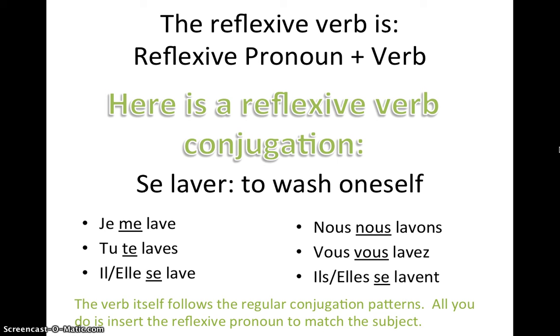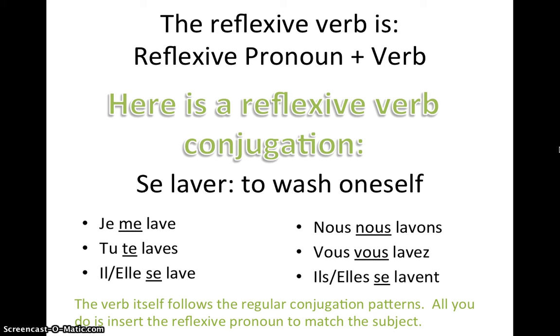So me always goes with je, te always goes with tu, se always goes with il and elle, and so on and so forth. It does look funny with the nous and vous because the word is doubled, but it's necessary to have both. The first nous is the subject. The second nous is the reflexive pronoun, and it's the same for vous.